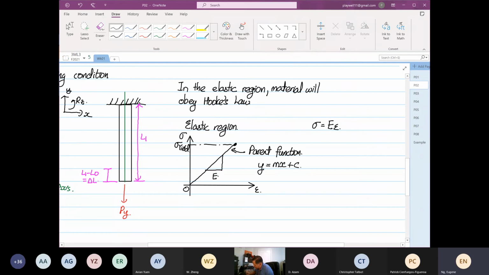For this case, our c is equal to 0, our gradient is E, our variable x is epsilon, and our response is our stress. So that's where we have this formula. This is what we call Hooke's law.